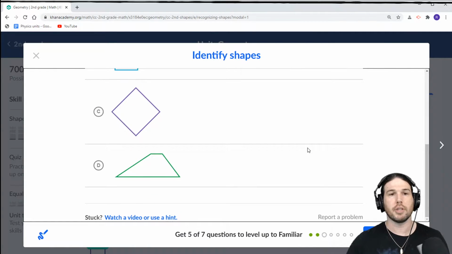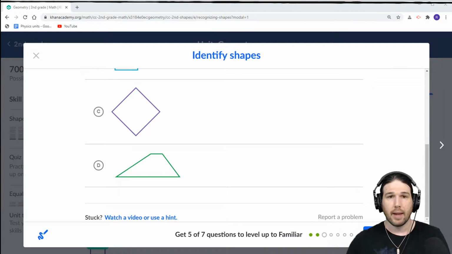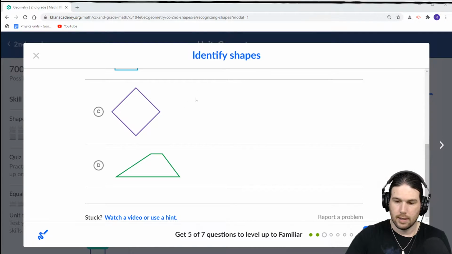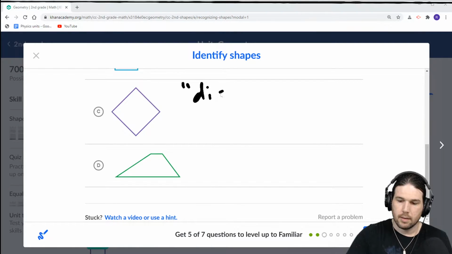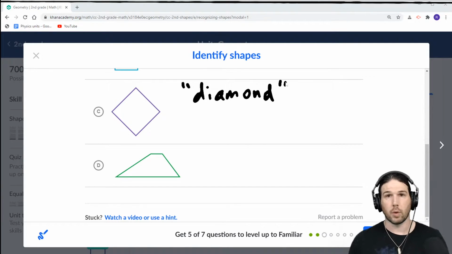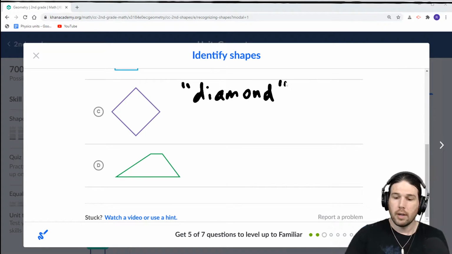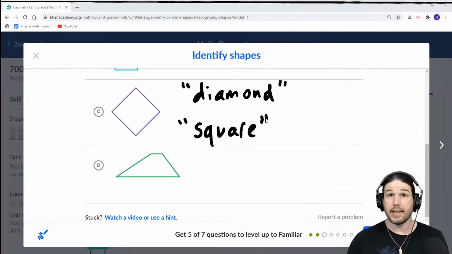But a lot of students will look at this C here, and they'll say it's either a diamond, which isn't a thing, not mathematically. Like the word diamond doesn't really mean anything in a mathematical sense. Or, more correctly, they'll say it's a square, which it is. And a lot of the time, this is a moment where students begin to get a little bit confused.